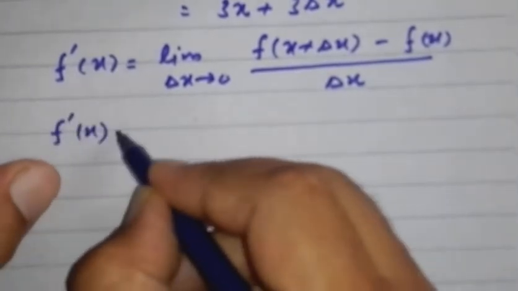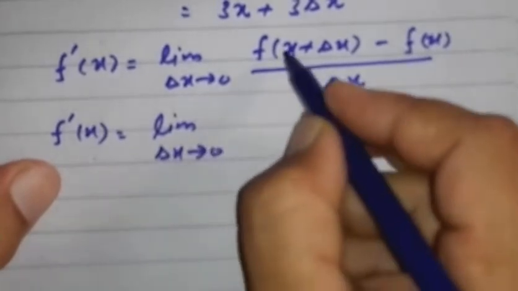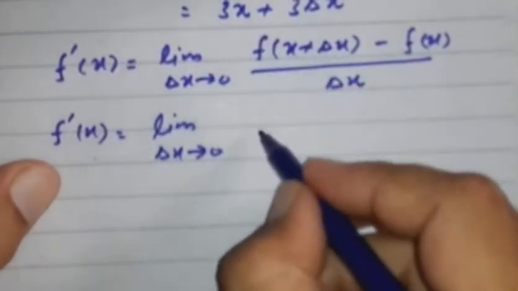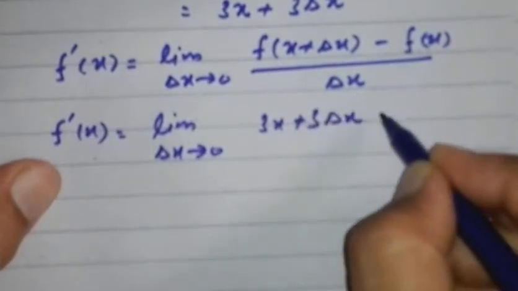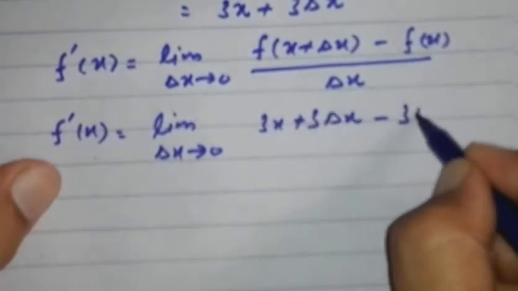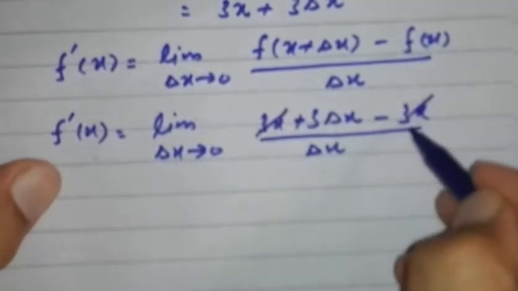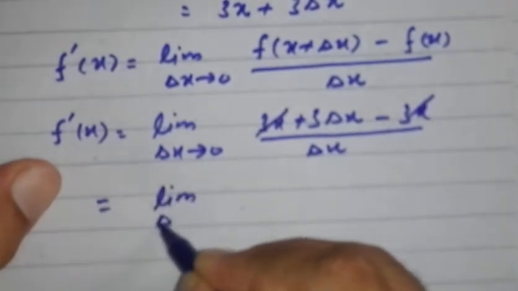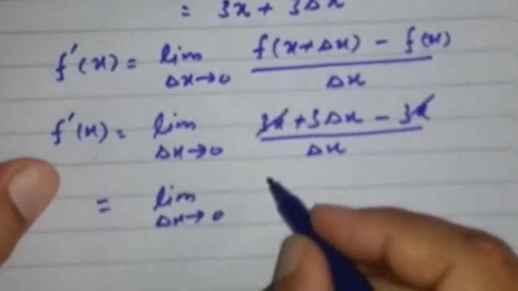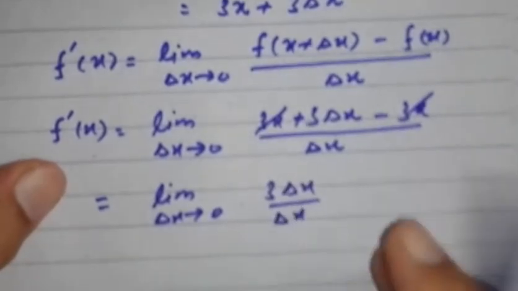f prime of x equals limit delta x tends to 0 of f of x plus delta x, whose value is 3x plus 3 delta x, minus f of x, whose value is 3x, over delta x. This 3x cancels with this 3x. We get limit delta x tends to 0 of 3 delta x divided by delta x.